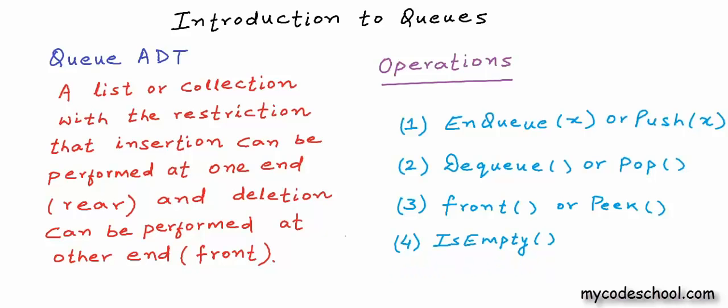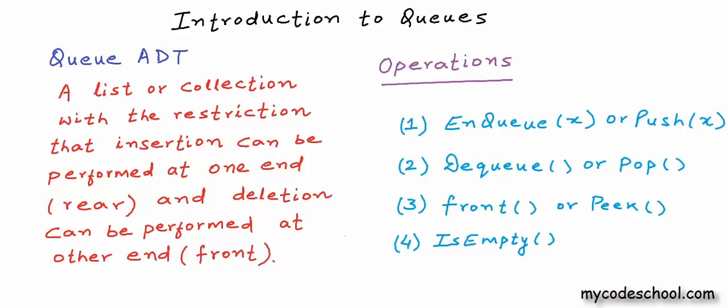Why I'm calling out these alternate names for operations is also because most of the time we do not write our own implementation of a data structure. We use inbuilt implementations available with language libraries. Interface can be different in different language libraries. For example, if you would use the inbuilt queue in C++, the function to insert is push, while in C# it's enqueue.